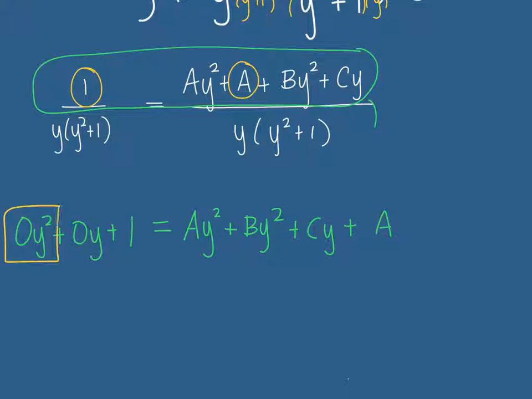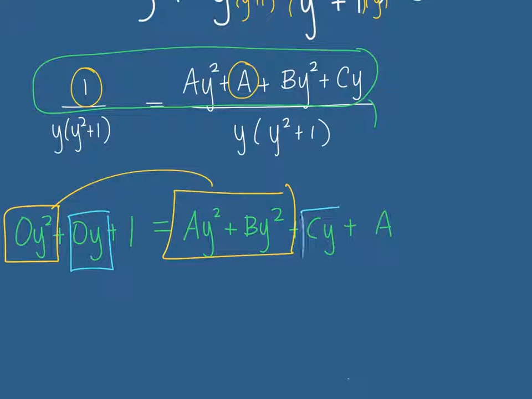This term matches up to these two terms. This term matches up to this term, which means that this term matches up to that term. It's just a matching, a one-to-one pairing.